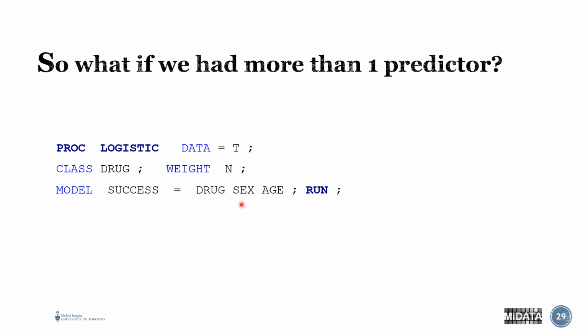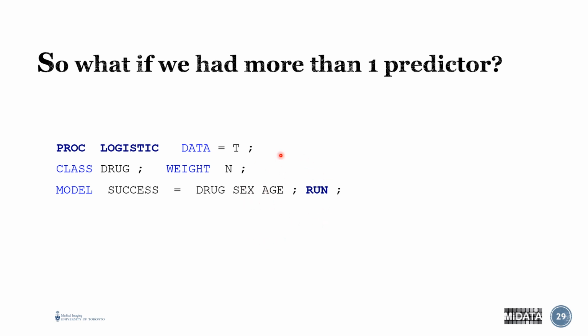So when we look at the output, we're going to have an odds ratio for drug, which we've seen before and it makes sense. But we're also going to have an odds ratio for sex, and that also makes sense because these are 2 categorical variables, and we've seen using our 2x2 table how we can calculate the odds ratio. But how do we deal with that with a continuous variable?